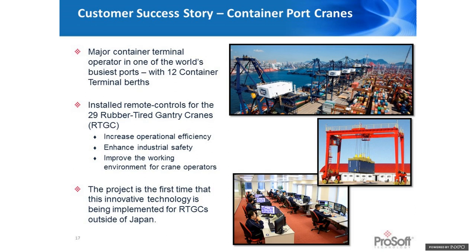The idea of a rubber-tired gantry means that that gantry crane, instead of running on rails, is on its own tires, so it can actually move from one row to another when it's needed. It's much more flexible and efficient for operators.